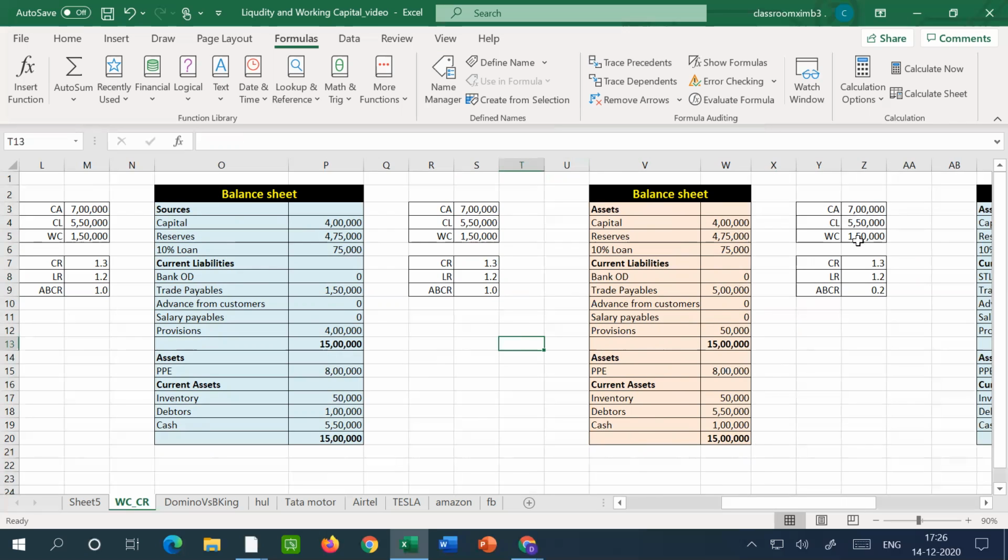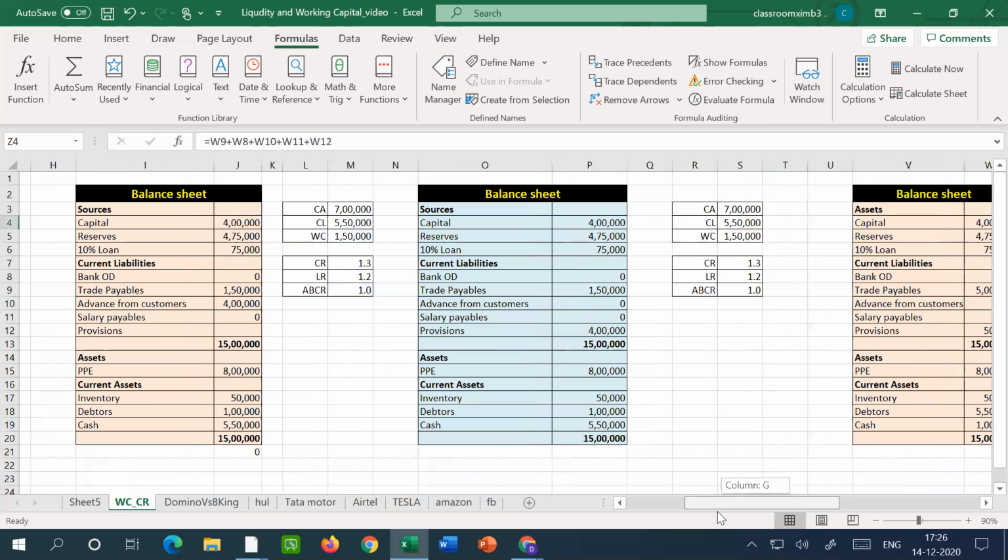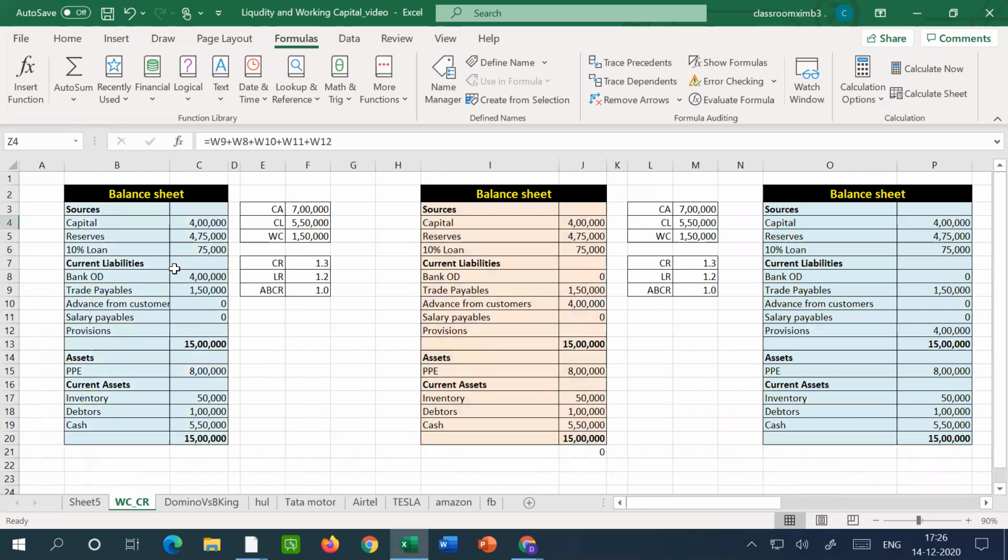For example, if the current liabilities are in the form of bank overdraft, which is the case here, this is an interest-bearing liability, whereas the trade payables, salary payables, advance from customers in most of the cases, and the provisions are non-interest-bearing liabilities.